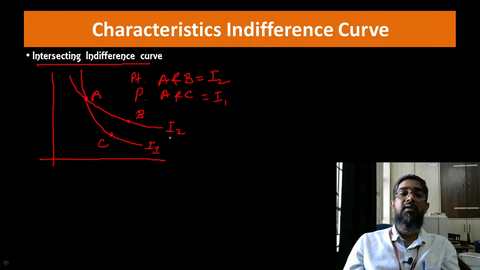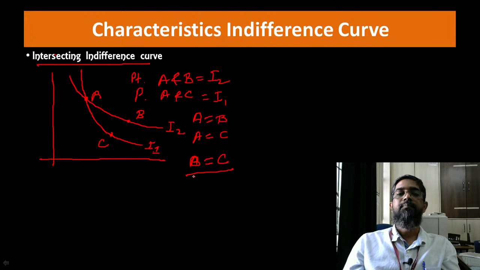So this way it becomes inconsistent. Why is it inconsistent? Because when A is equal to B and A is equal to C, then B must be equal to C, right?